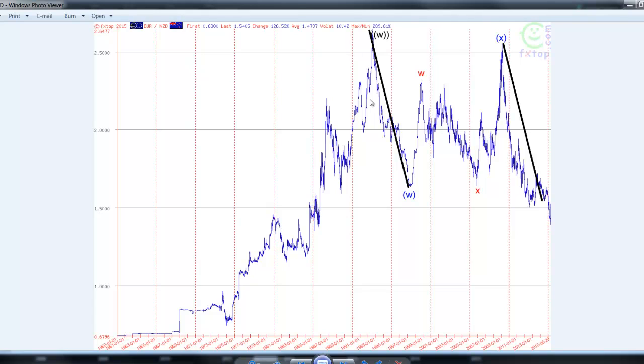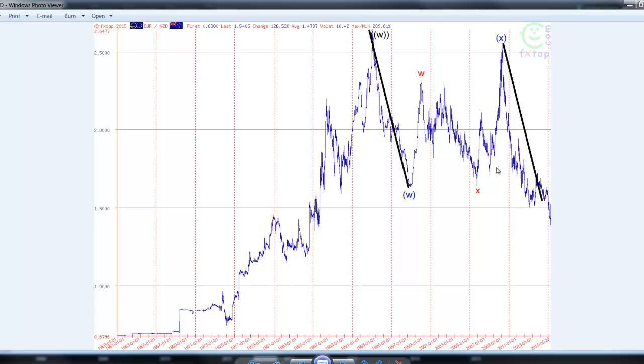On this chart, if I label the all-time high here as wave W in the grand supercycle, which is the largest degree in Elliott wave, we can see it's actually correcting in 3 swings, right? W, X, Y, and we can see it's already reaching the equal leg.